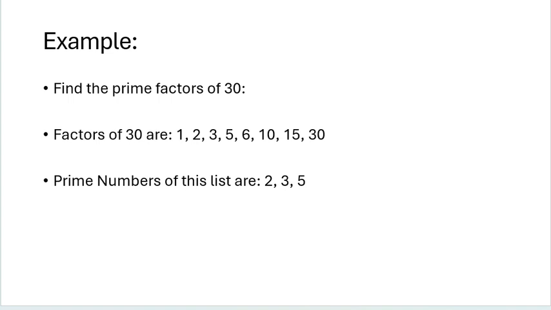Now, this is where we're going to be finding the prime factors for a specific number. I've already done it for you, but I'll show it to you firsthand. The question here is: find the prime factors of 30. What you're going to do is list out the factors, so write it for everything.